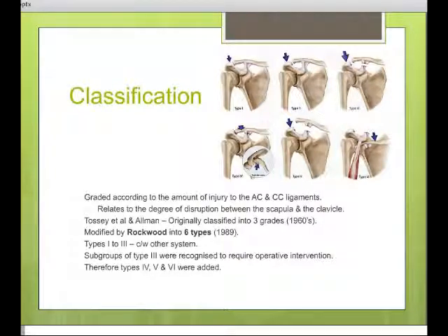Types 1 to 3 were consistent with the older system. However, the subgroups of type 3 in Tossi's classification were recognized to require operative intervention. So there were different severities of type 3s, so that the type 3 was divided into 3, 4, 5, and 6.